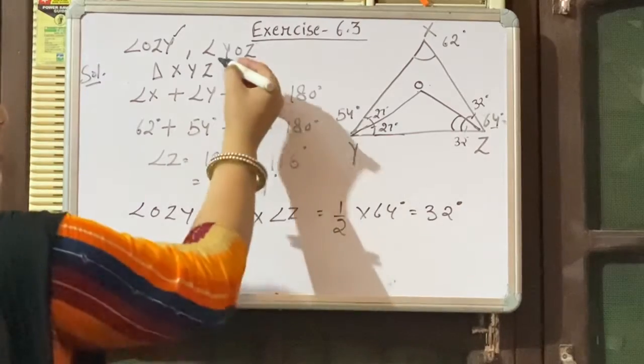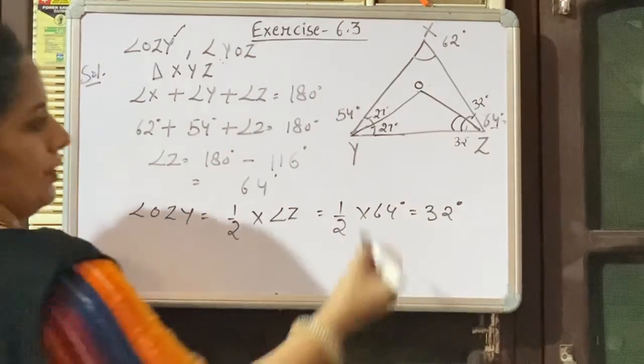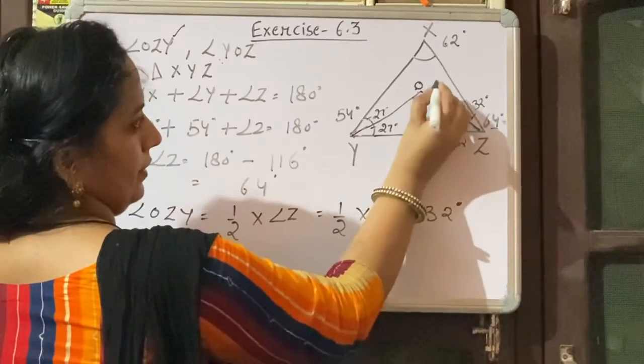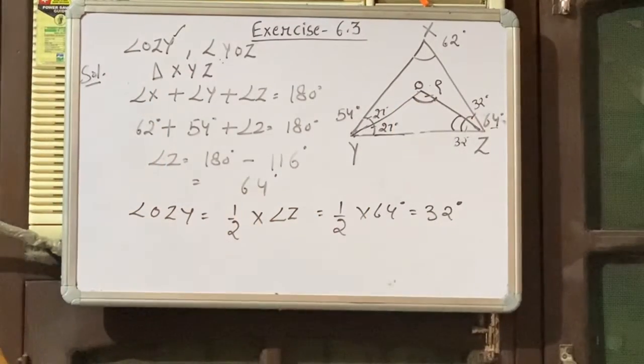Next is YOZ. YOZ. That means this angle. And it can be found out very easily by using angle sum property.